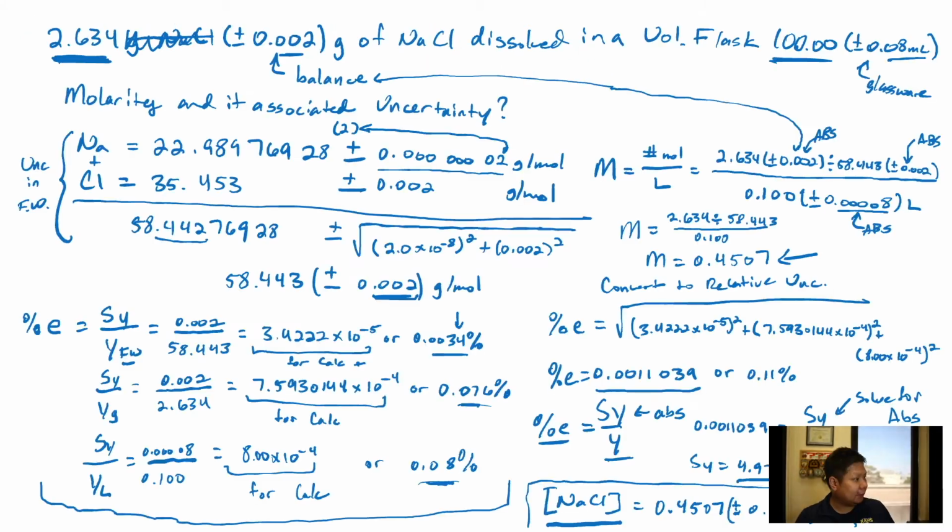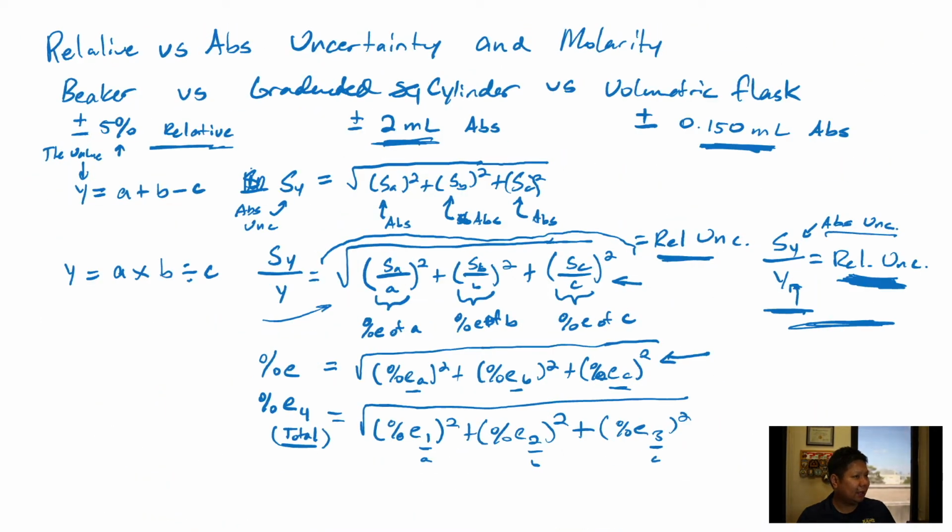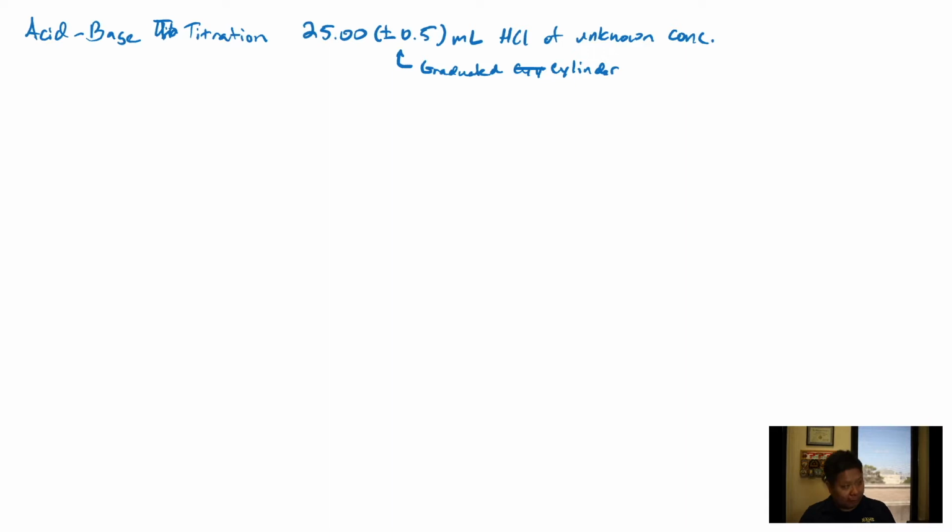And I know that in my previous example, I said that graduated cylinders have a plus or minus 2 mL. That was for a 250 milliliter graduated cylinder. So for this example, you actually are using a 50 mL graduated cylinder, and its uncertainty, like I said, is 0.5 mL.